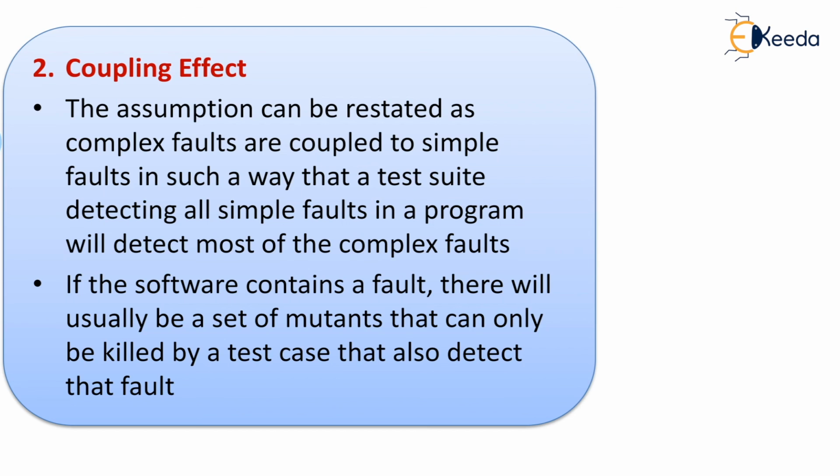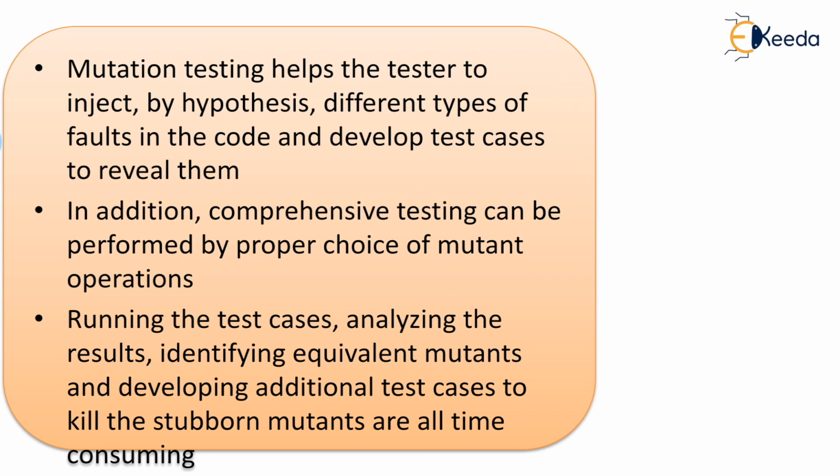So there will usually be a set of mutants that can only be killed once the test detects the fault. So this can be by the coupling effect also. Now, mutation testing helps the tester to inject, as I read earlier in this paragraph, different types of faults in the code and develop the test cases to reveal them.